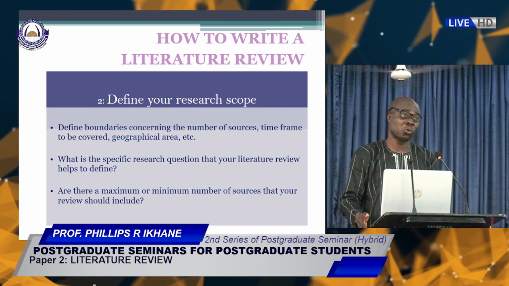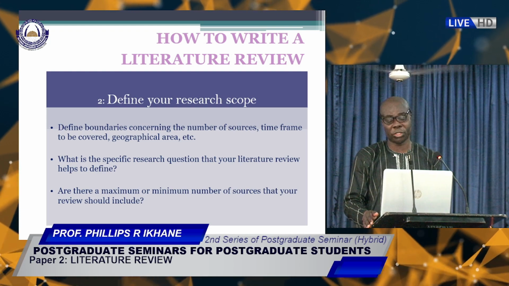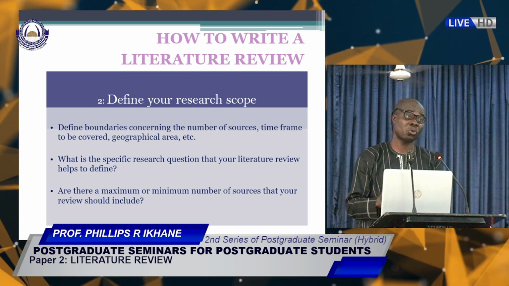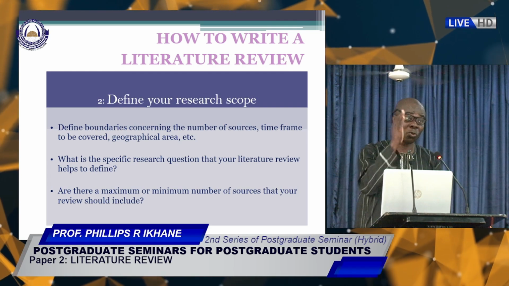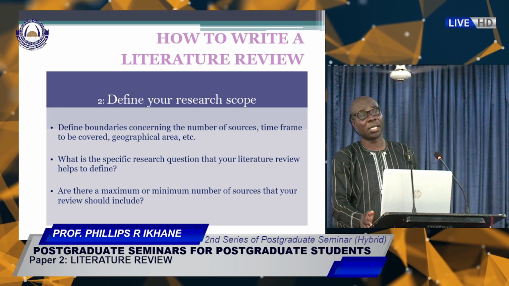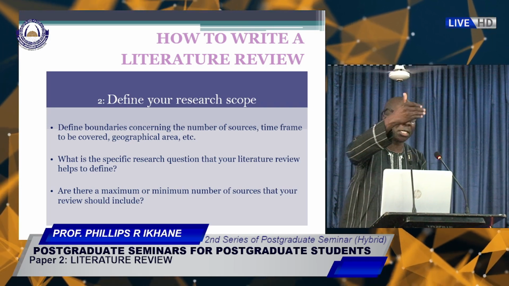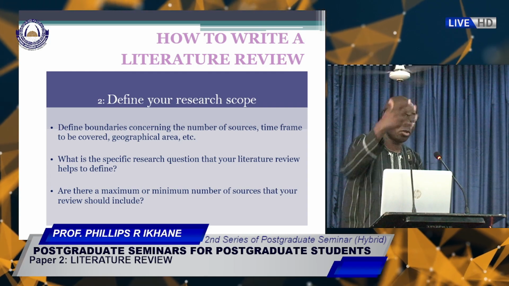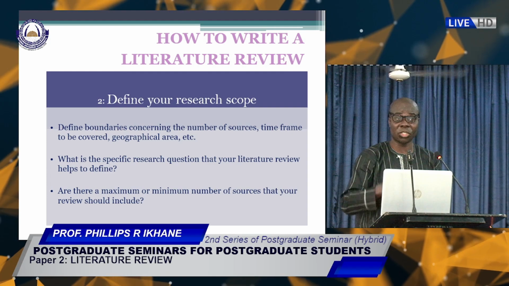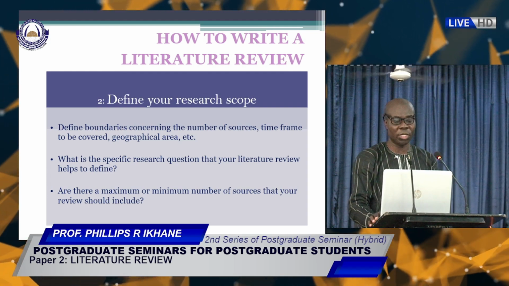You must be able to draw a boundary through your literature review. It will help you to be specific, to answer a particular question, and it will also help you to know the minimum and maximum number of research journals, books, and the like that you go into.